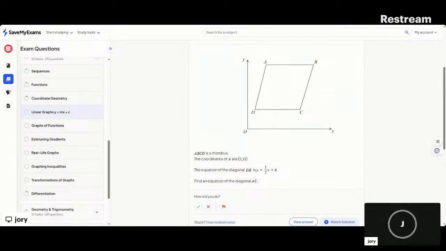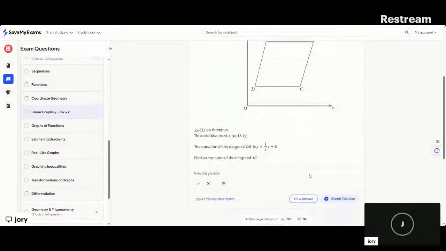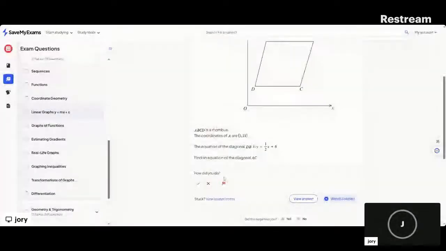So the equation is y equals -2x plus 21. Is that not right? Yeah, that's it. Okay, that's 4 marks. That's like 4 free marks.